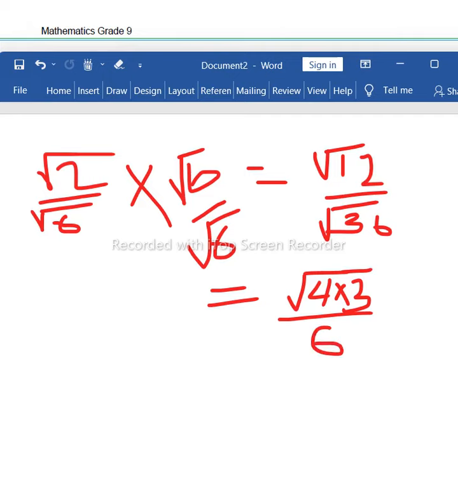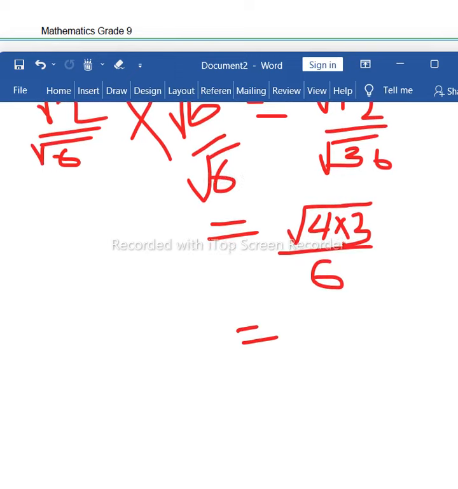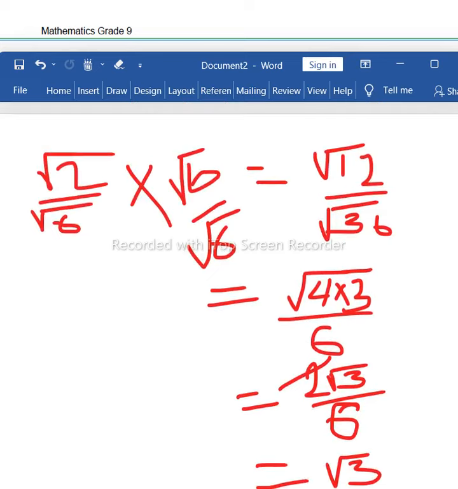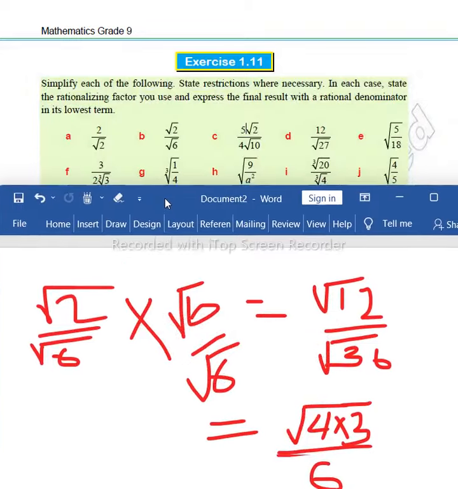Square root of 4 is 2, so square root of 3 is as it is, over 6. Simplifying 2 by 2 gives 1, so square root of 3 as it is over 6 by 2, which is 3. So the final answer is square root of 3 over 3. This is the answer for letter B.